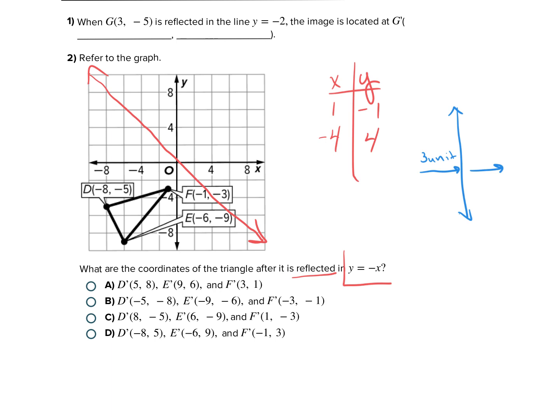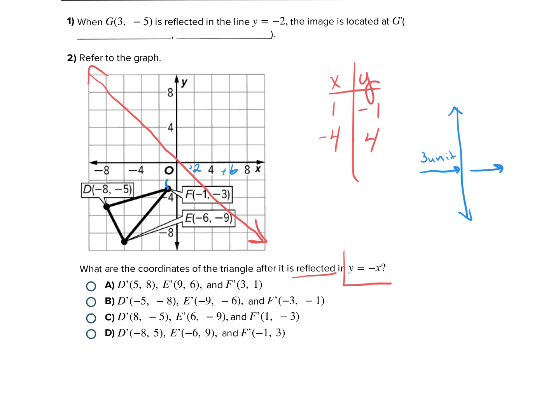The other thing you need to take note of is that the coordinate plane is by 2's, okay? So when you plot your point, just make sure you're not counting each line as a single unit. Okay, so from F, I'm going to count, or I should say each line is 2.